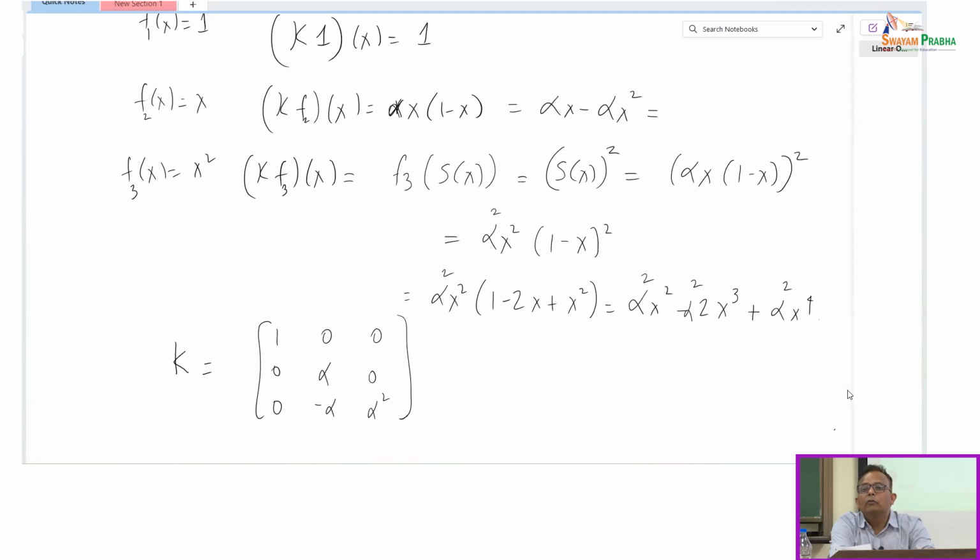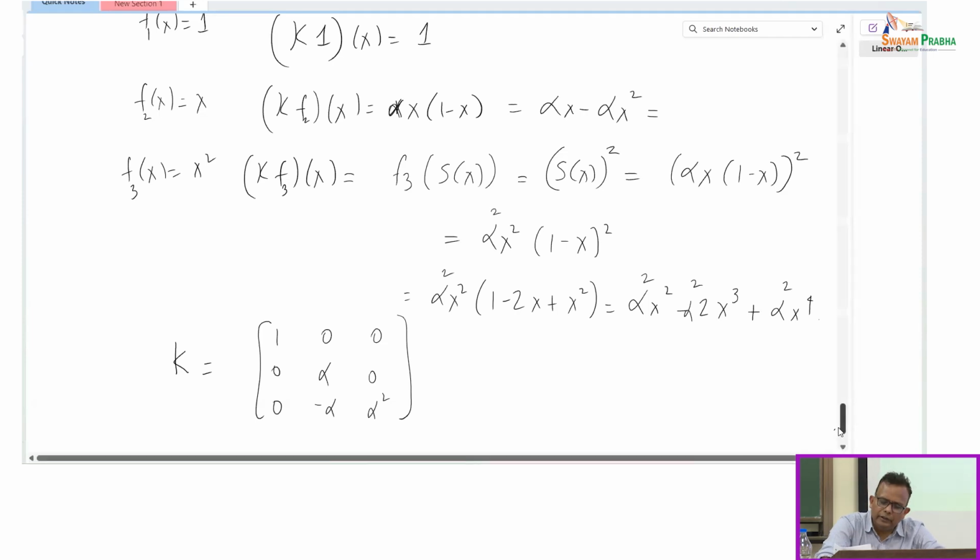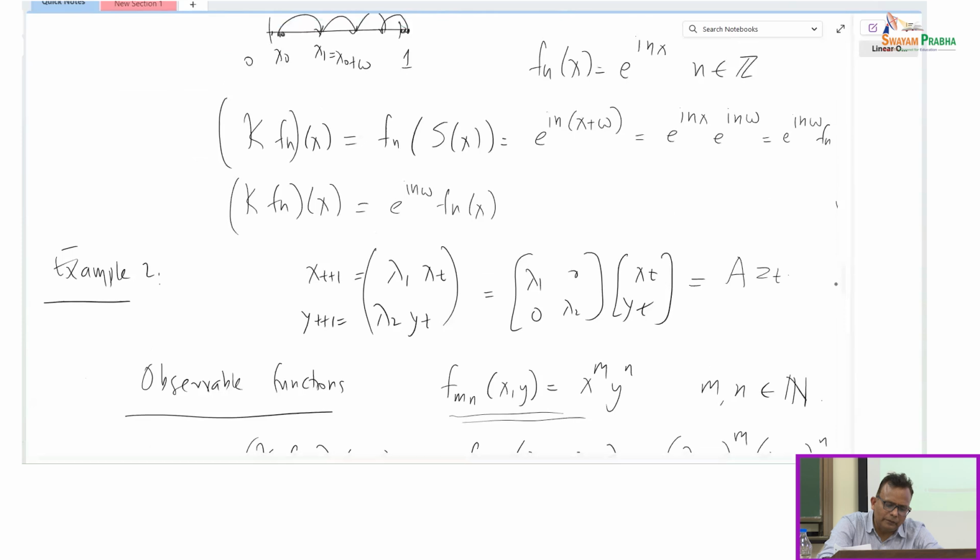In this case, as you can see, no matter how many degrees or how many terms you use in a polynomial basis, you will always get a matrix which is never closed. You can keep on growing this. We already did that in this example.